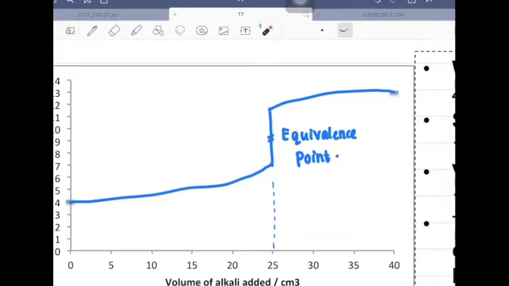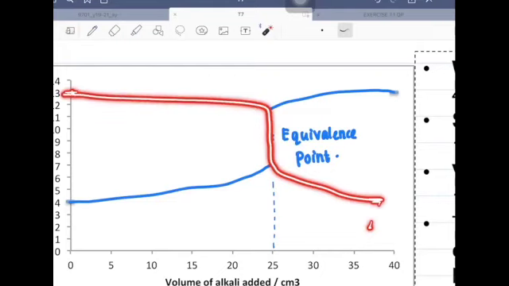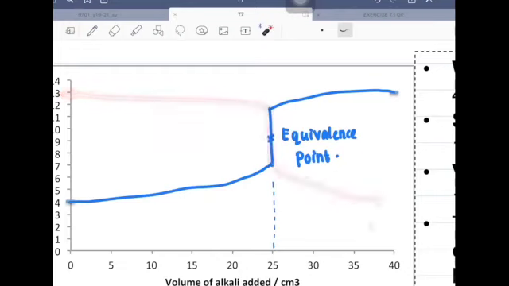The only thing that's different is, since you have base in your conical flask, you would start with pH 13 and then you would end with pH 4. Your equivalence point will still be the same. Your shape will still be the same. So it looks like that. Okay, I have a graph for you. I'll show you later, and it is in your notes as well.